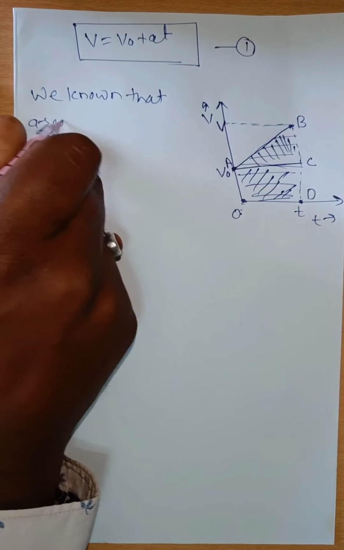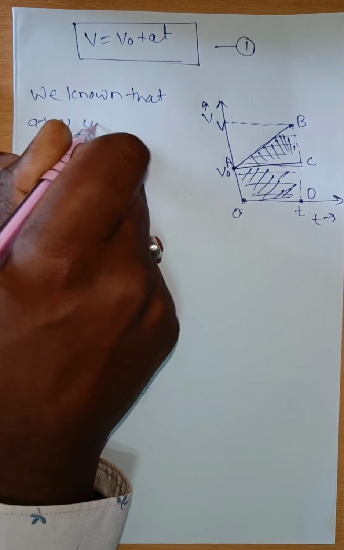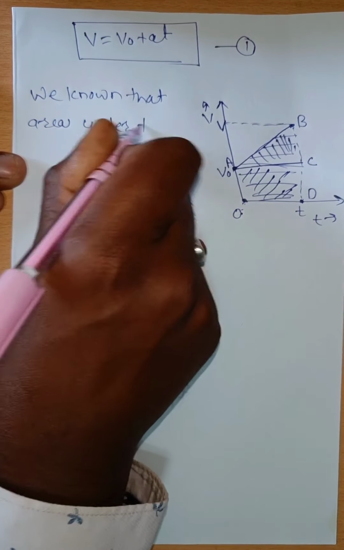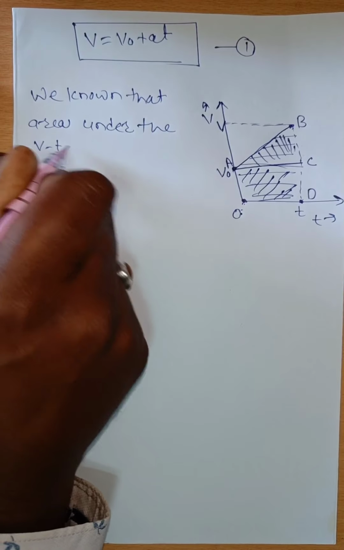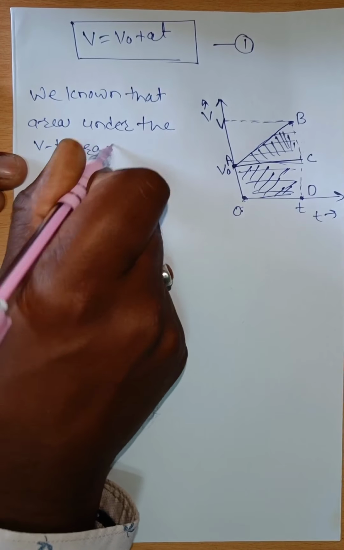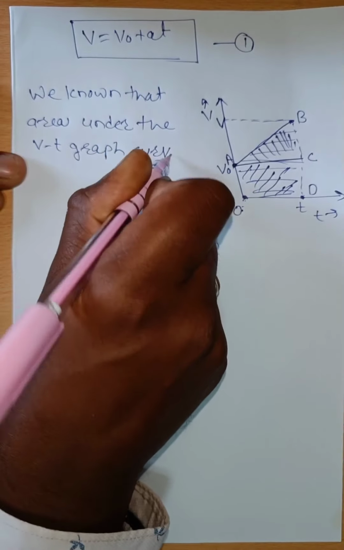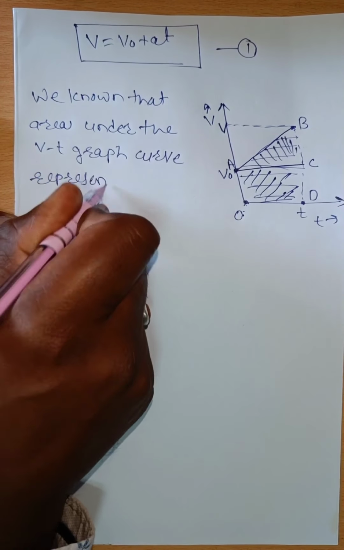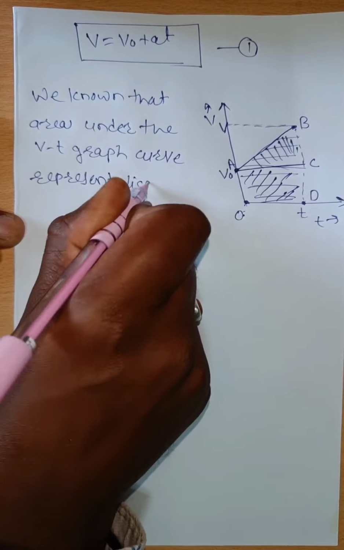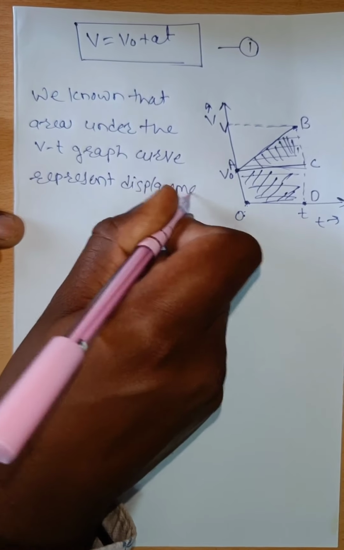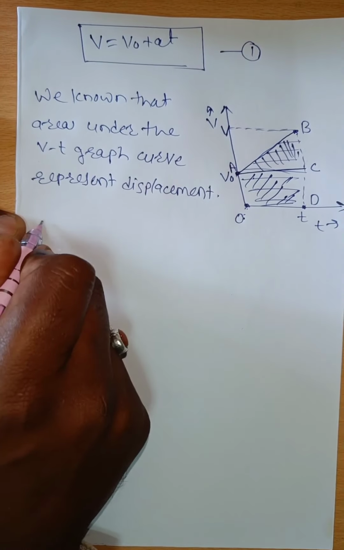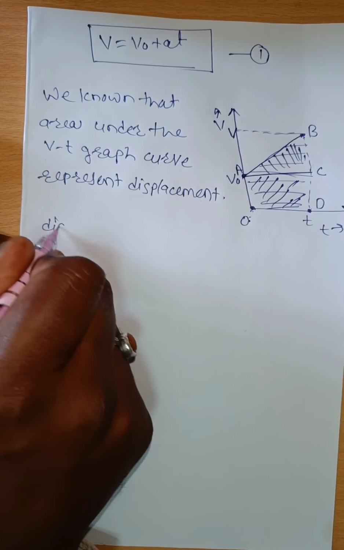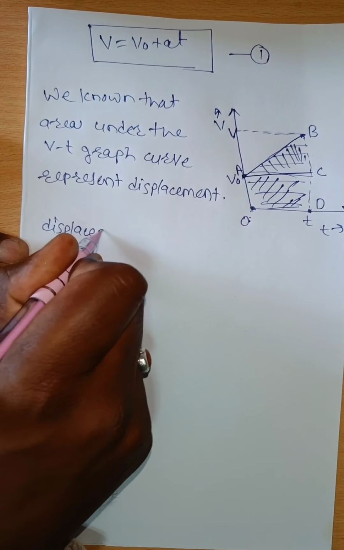Area under the v-t graph curve represents displacement.